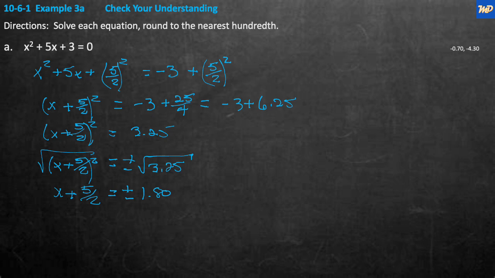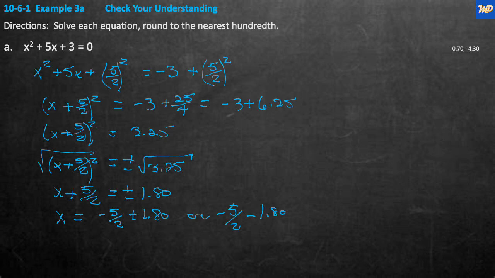So we're almost there. Now we're going to move the 5/2 to the right-hand side to solve for x. So now we're going to have x is equal to minus 5/2 plus 1.80, or minus 5/2 minus 1.80.